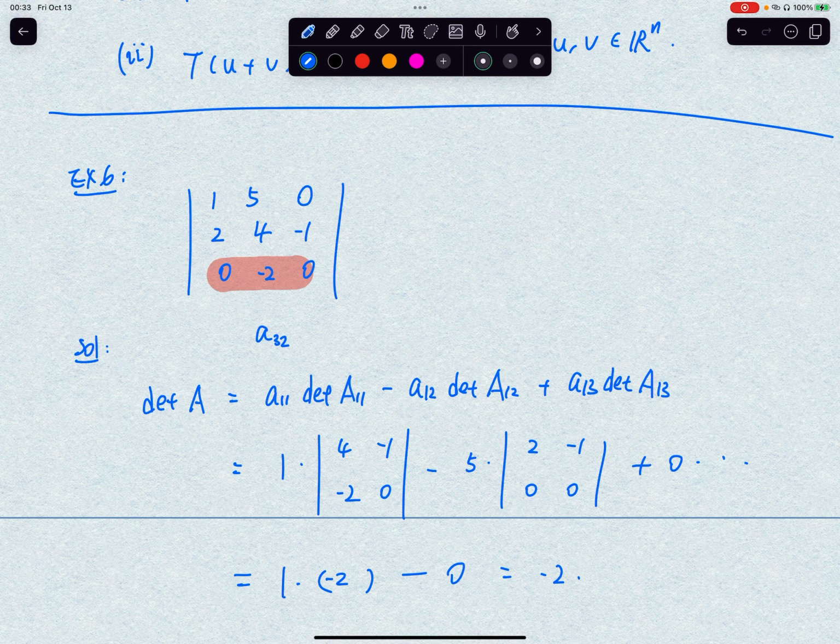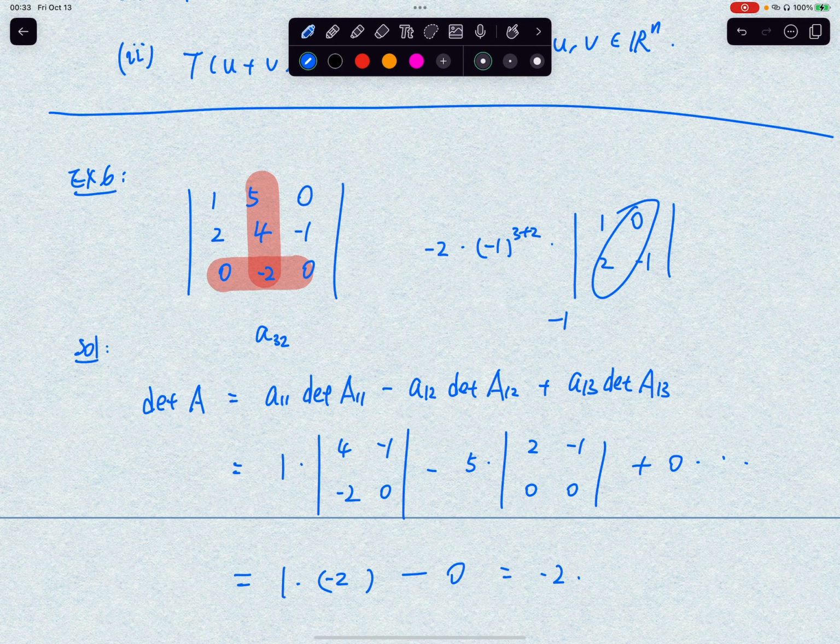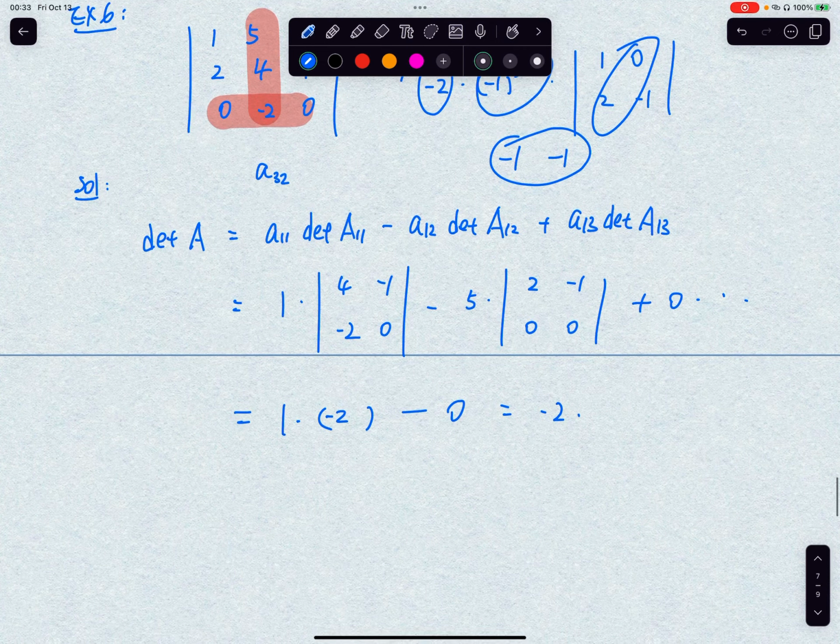So A32, that is (-1)^(3+2) times -2 times the determinant, which is [1, 0; 2, -1]. So this one vanished, and this one is -1, and this one is -1. So this becomes 1, and times this becomes -2. So this is easier than a direct application of the definition.